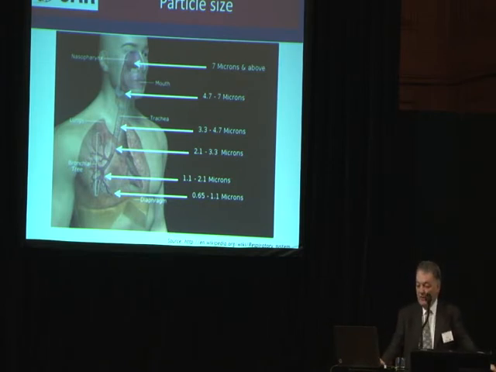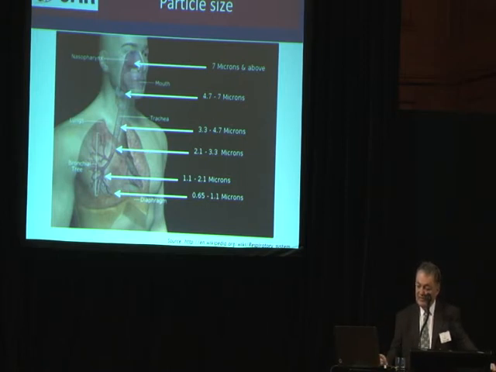And only the very smallest particles can actually make it right down to the alveoli, which is the part of the lung which is in contact with the circulation, and it's the part of the lung where gas exchange occurs, where oxygen and carbon dioxide are exchanged.